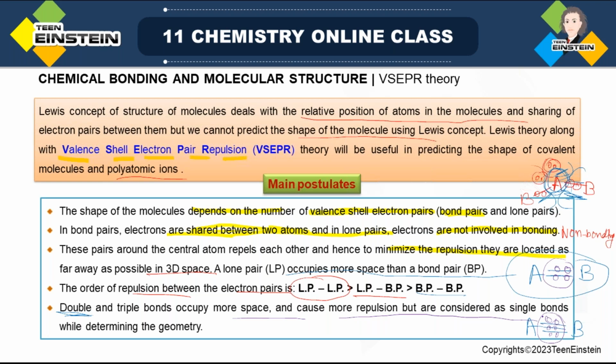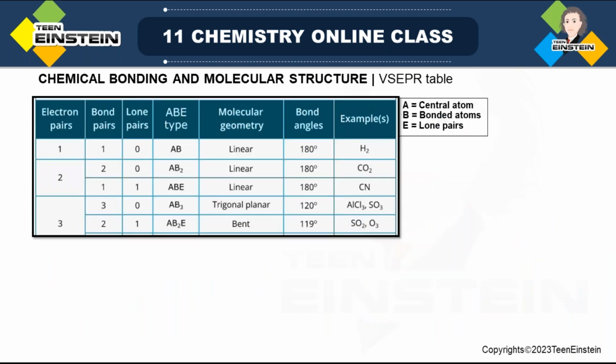Okay. Now one by one we will see the tables. As we have seen, whatever electrons are there in the valence shell may be treated as bond pair or lone pair. So suppose for any particular central atom, the central atom is A, and B is the bonded atom, and here capital E means number of lone pairs.